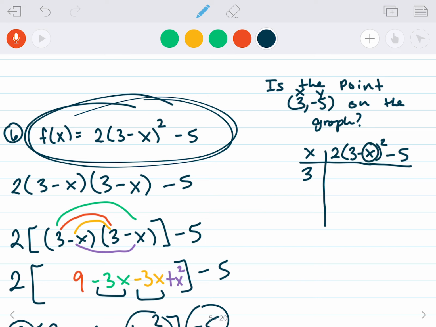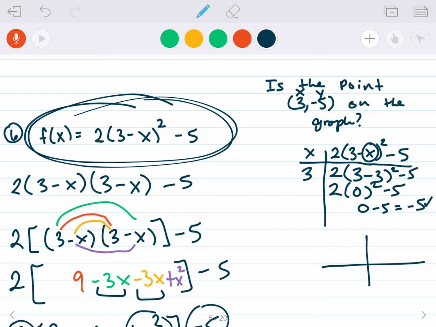Is that true? Well, let's see. We're plugging in 3 for x. Wherever we see an x, and we just see it in one spot, we get 2 times (3 minus 3) squared minus 5. 3 minus 3 is 0. 2 times 0 squared minus 5. 2 times 0 is 0, minus 5 is negative 5. So indeed, yes, this point is on the graph. What that means is, as a reminder, when x is 3, y is equal to negative 5.